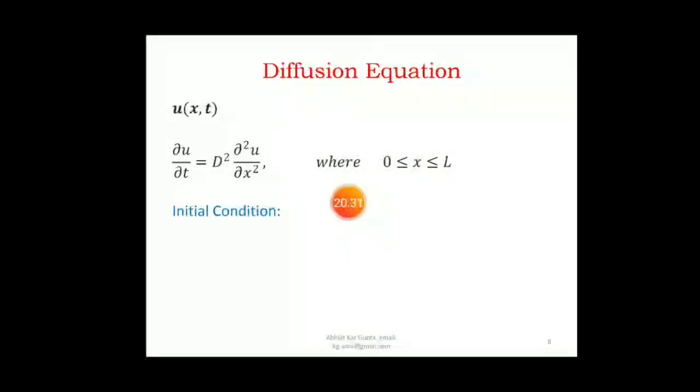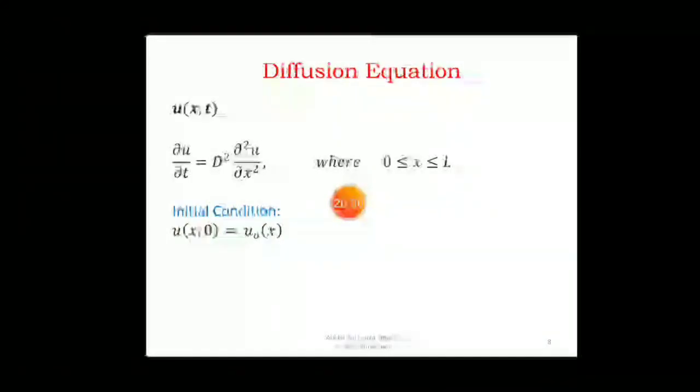And to solve it, because it's a well-posed problem, you need to have one initial condition, u(x,0) equal to u0(x). x,0 means the time is 0, and you give, say, the temperature. You give that temperature at all points of x to begin with.